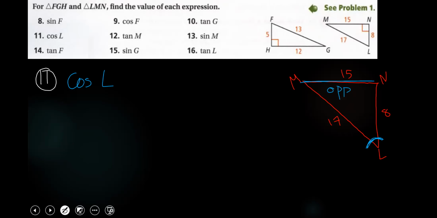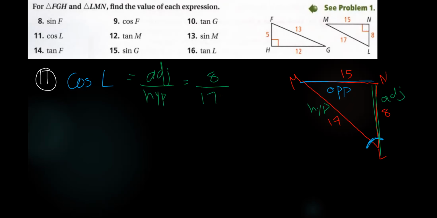And where is the adjacent? 8. Bravo. And this is the hypotenuse. Okay, fine. Now cosine L is the adjacent over the hypotenuse. So what is the adjacent? 8. Over the hypotenuse? 17. Bravo.